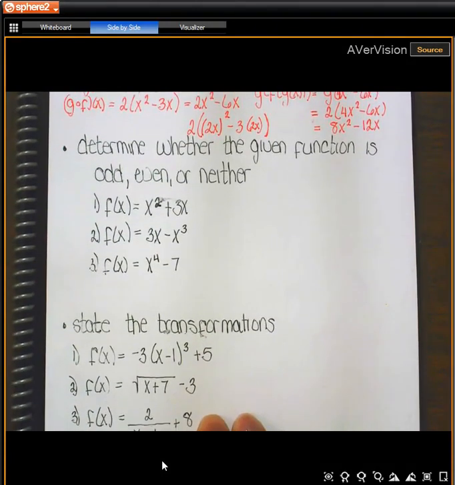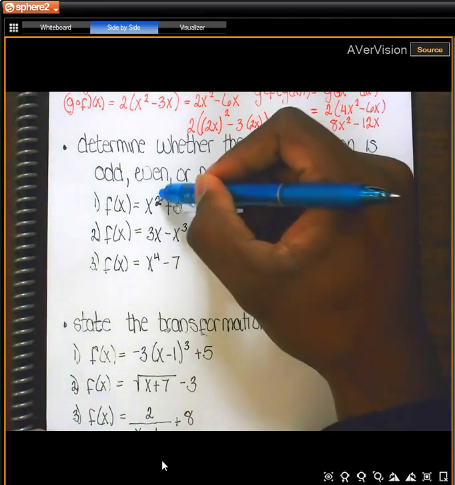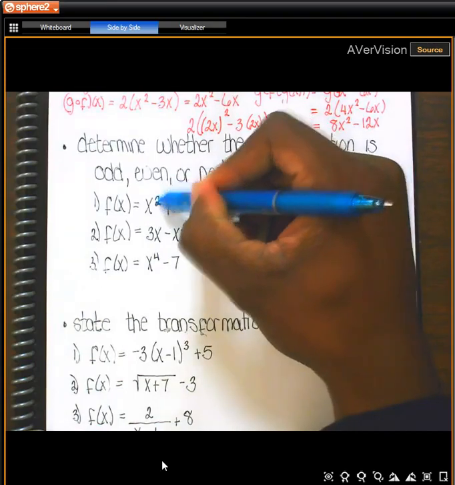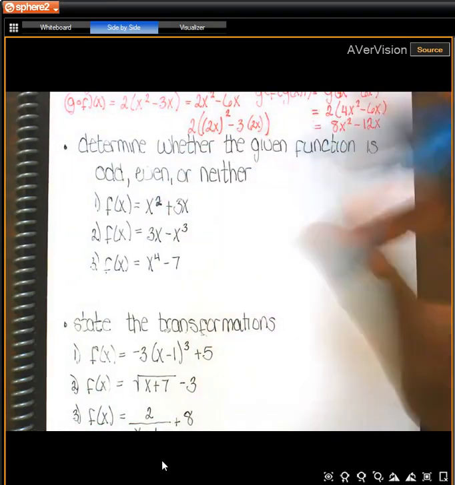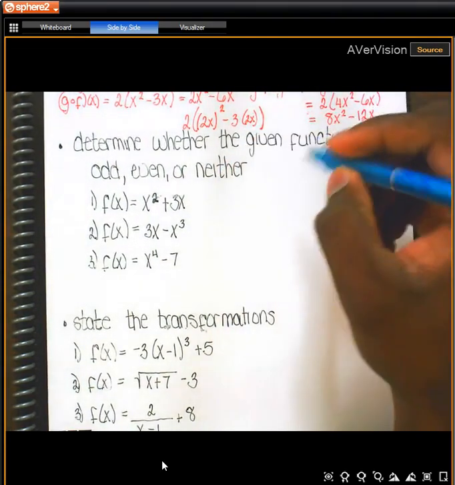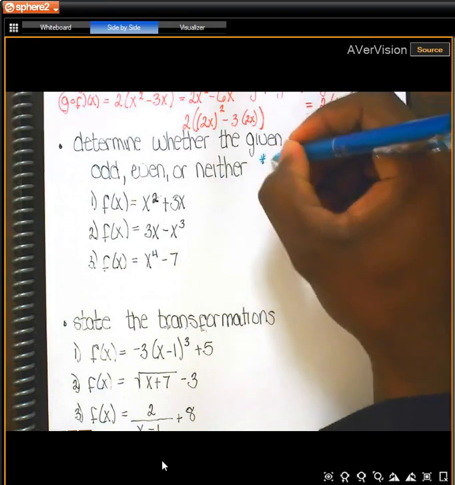All right, how do we find odd and even functions? So we need to see if, how do you know it's even?